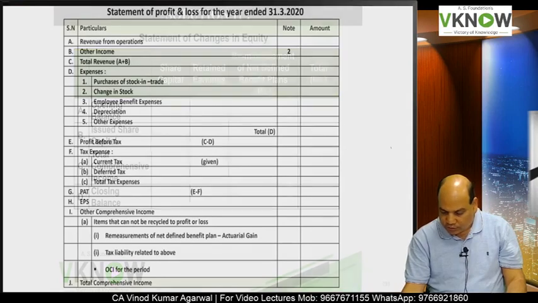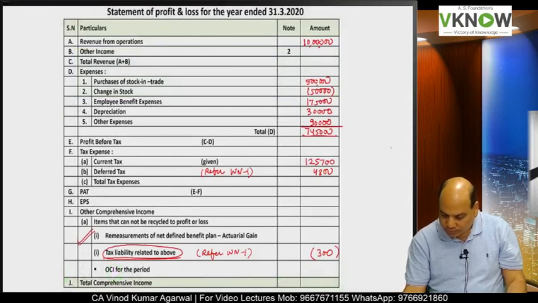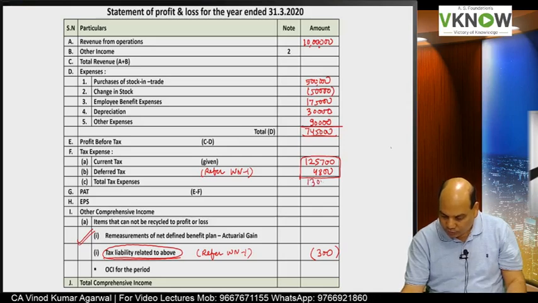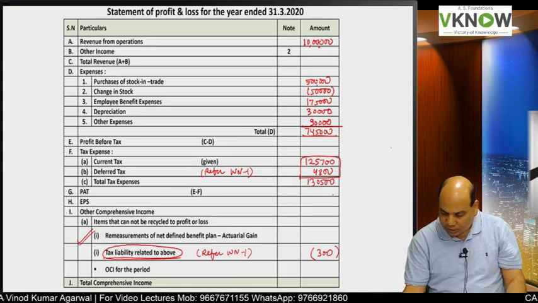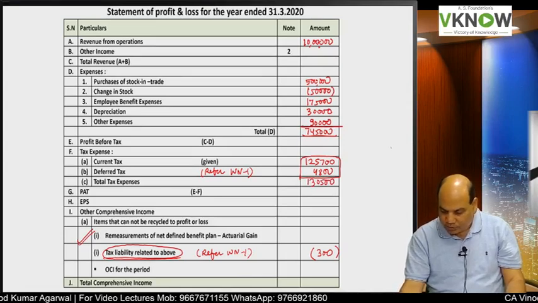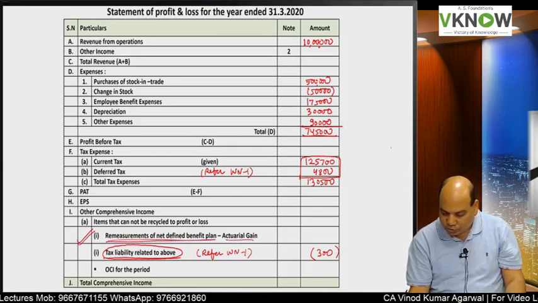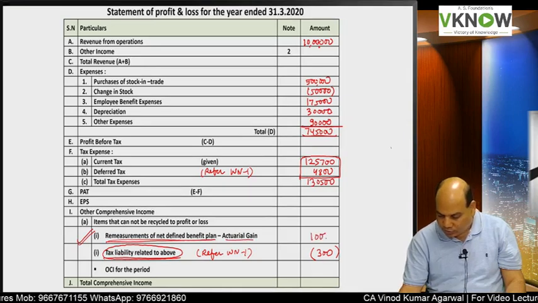So total tax expense in P&L account will be the sum of these two numbers. Anybody for total tax expense? 1,30,000, 130,500. PAT I will write later. EPS I will write later. Other comprehensive income, item not to be recycled, remeasurement of net defined benefit plan, actuarial gain 1,000.